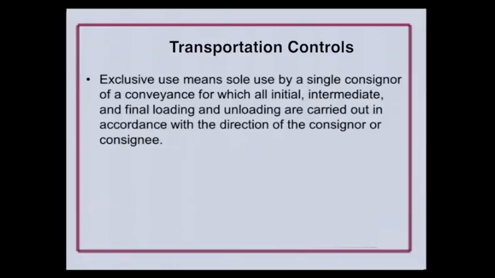But basically what exclusive use says is, it's yours. You've consigned it for the express purpose of a radioactive material shipment, and it is yours from the time you load it until the time it's unloaded and returned or released. And so it's exclusive for that purpose.